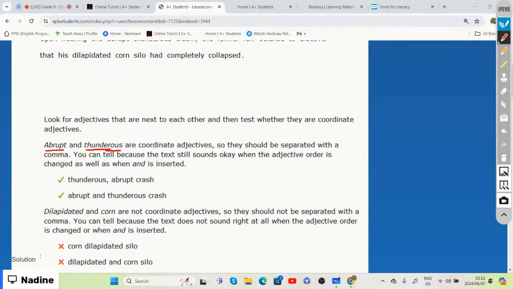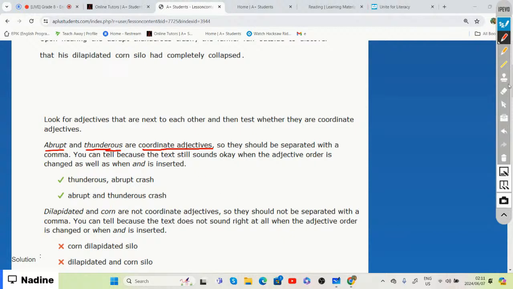They are coordinate adjectives, and when they are coordinate adjectives, they should be separated with a comma. You can tell this because the text still sounds okay when the adjective order has changed.